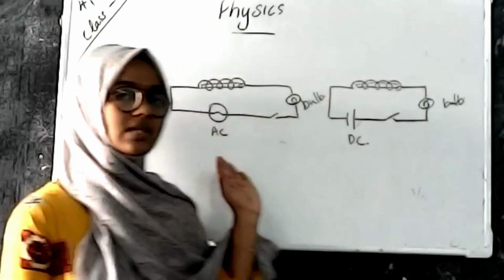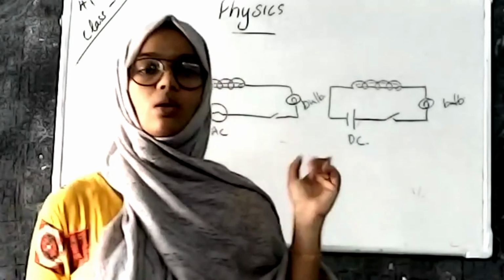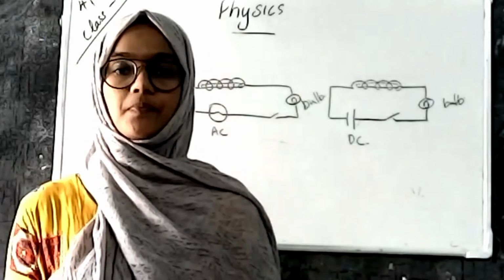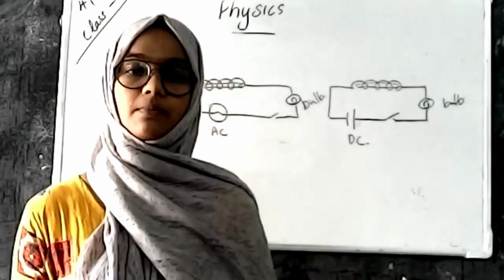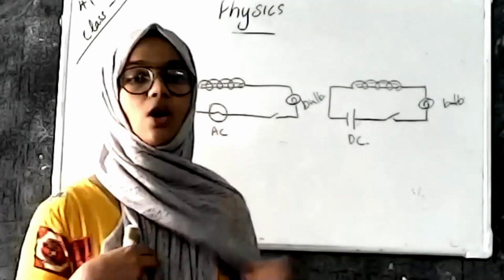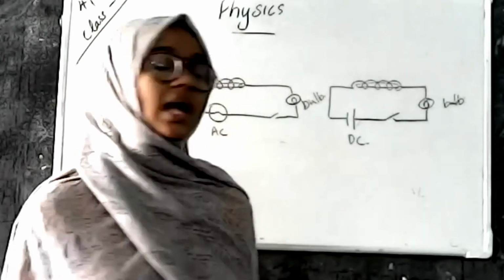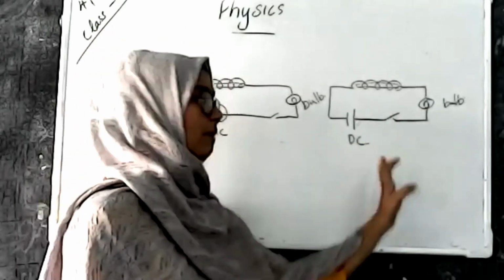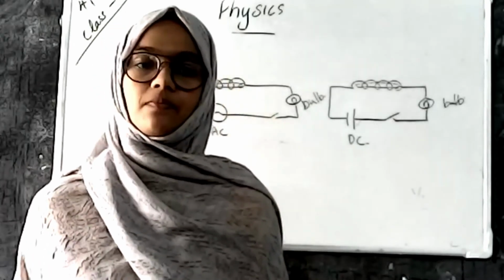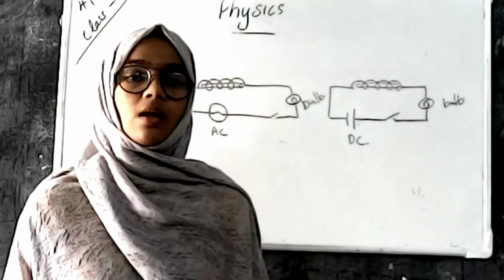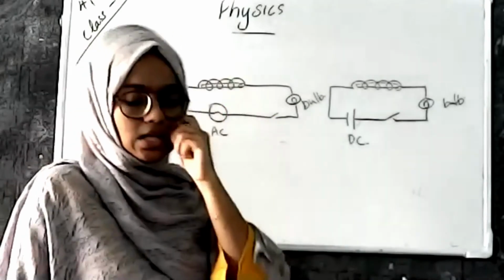That is, when AC is passing through one bulb and DC through the other, the intensity of the glowing bulb is different. That is based on the AC or DC current. And we can see that the bulb in the DC circuit has a higher intensity. And we are saying that the self-induction is here.